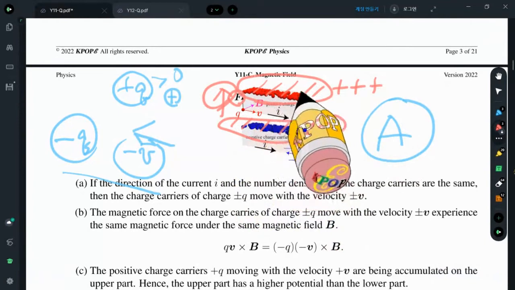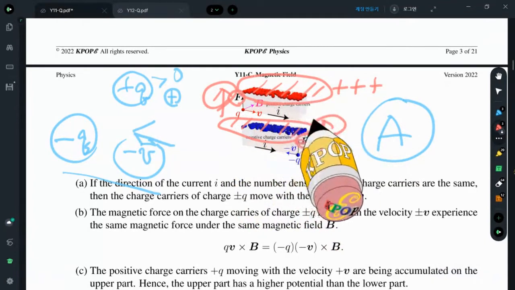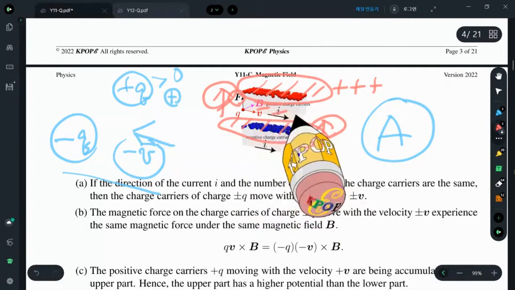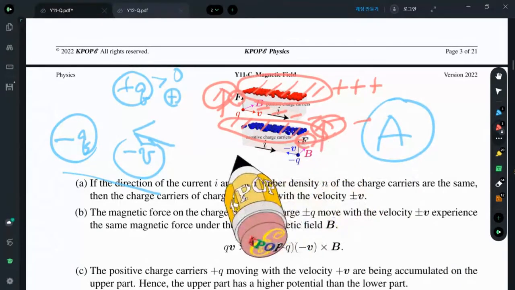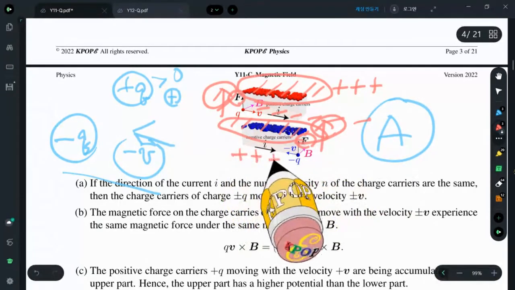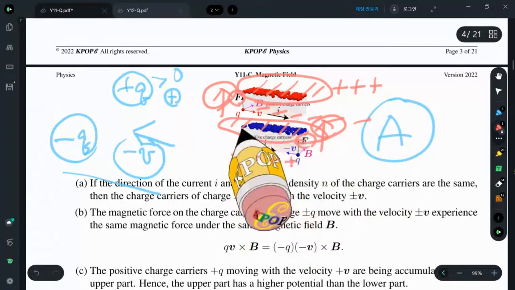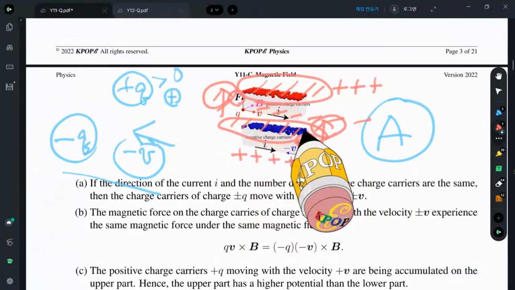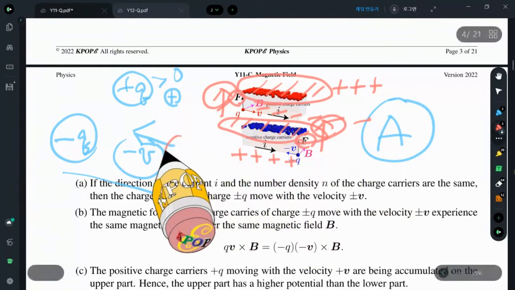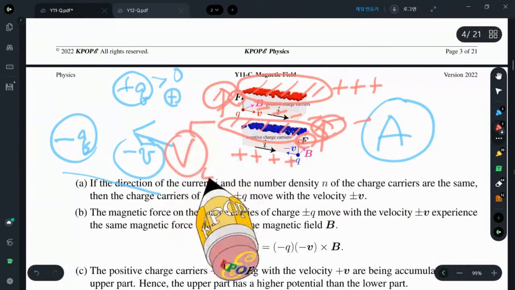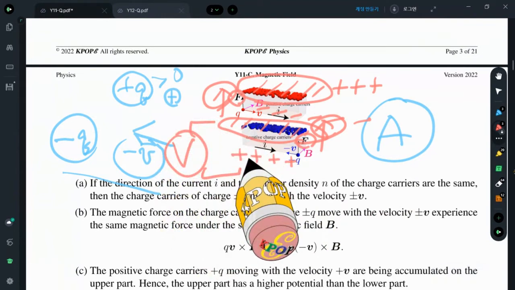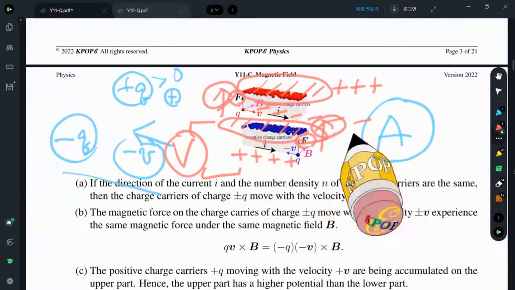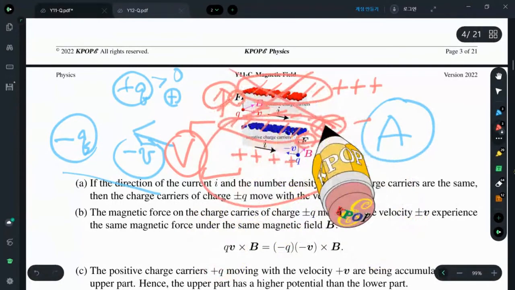That means, because the sum of the charges should be the same, the bottom part will be charged with negatively charged particles. In this case, the bottom part will be positively charged and the upper part negatively charged. And he used a voltmeter to measure the potential difference between the top and bottom. And he indeed measured that this is true and this is wrong.